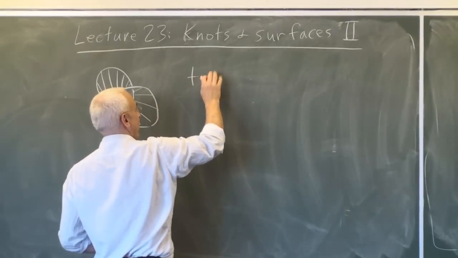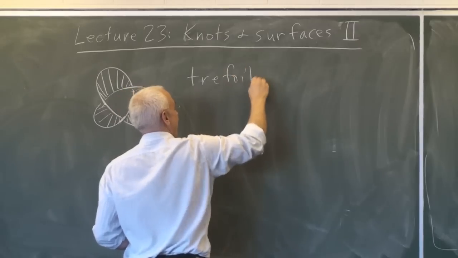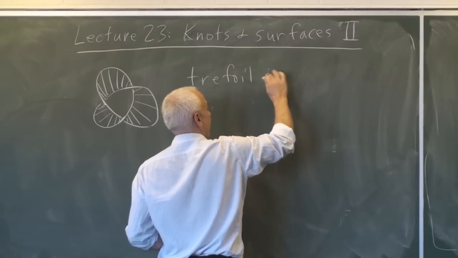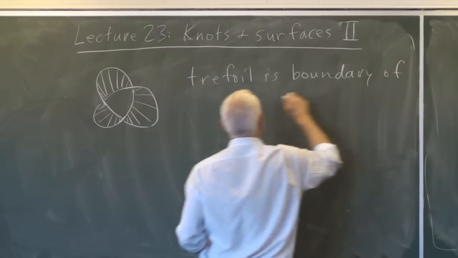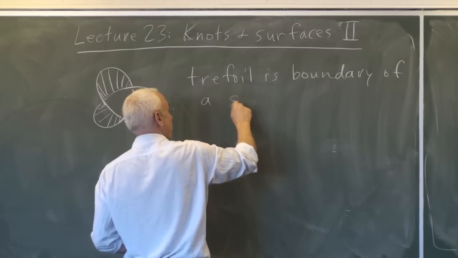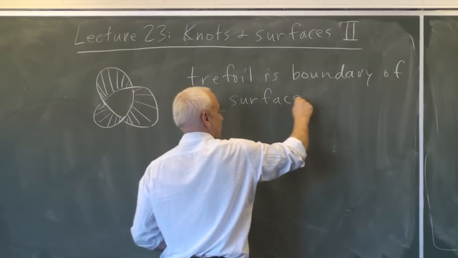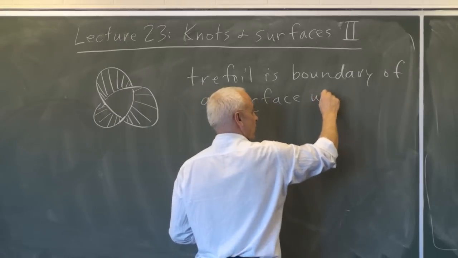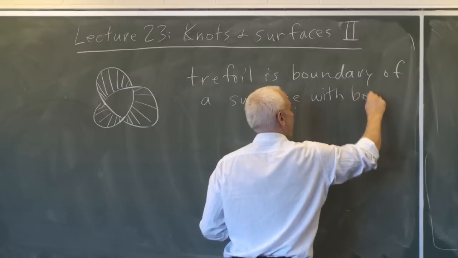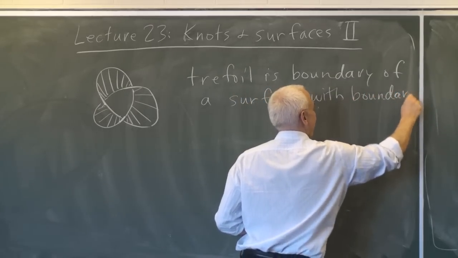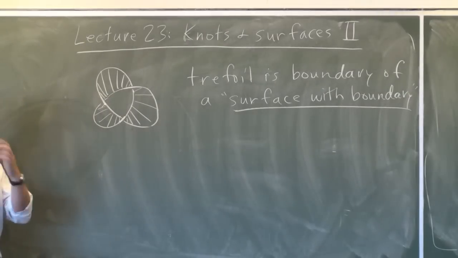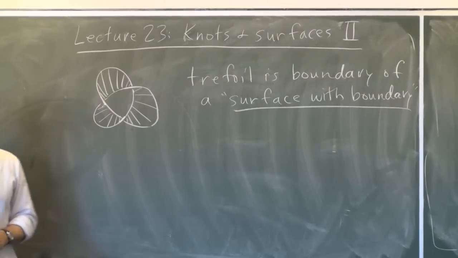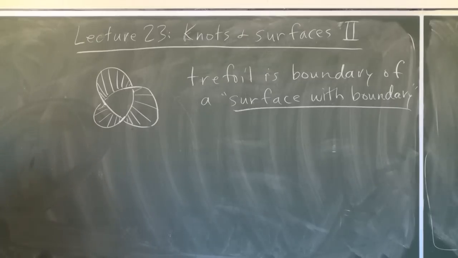So the trefoil is the boundary of a surface, well, not a regular surface, but a surface with boundary. And today we're going to talk about surfaces with boundary. We're going to sort of enlarge our point of view to include them and be able to talk about the relationship with their boundary knots.